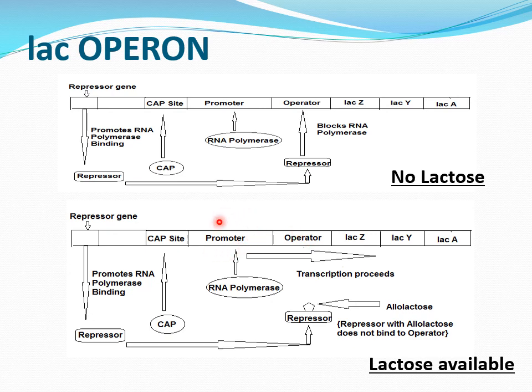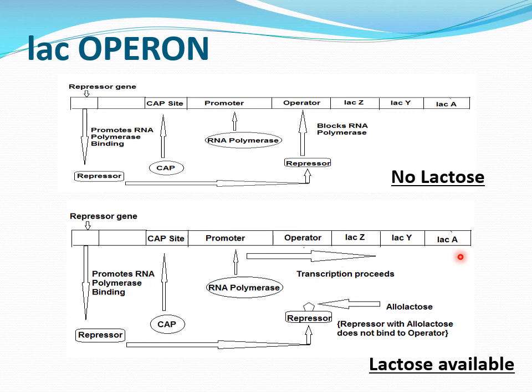Now the RNA polymerase which is present on the promoter point will naturally be free, or will be permitted to move ahead and carry on the transcription.